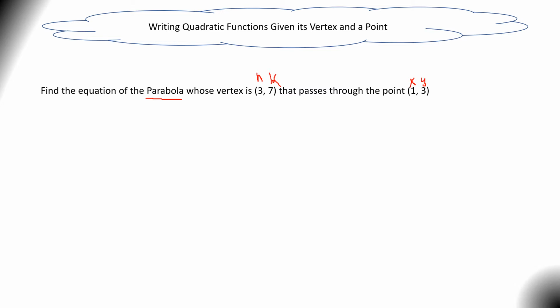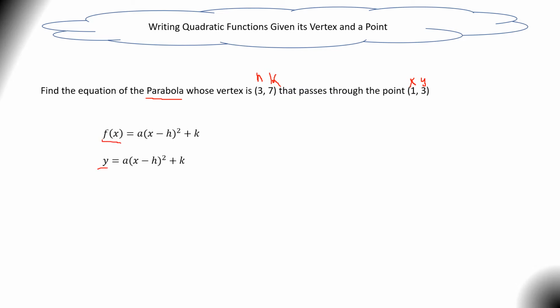Okay, by using the vertex form, f of x is equal to a times the square of x minus h, plus k. Ayan po, si f of x is same as y. Okay pa, tatandaan natin na ang f of x is equal to y.